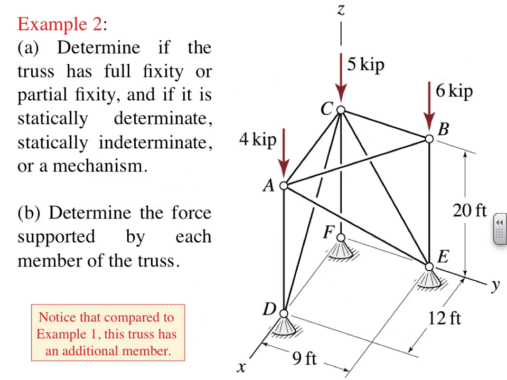Here we have a truss almost identical to that in example 1, except that an additional diagonal member CD has been added to the truss. Using our rule of thumb, we now have m plus r equals 18, matching 3j equals 18, which suggests static determinacy. We can also see how the addition of CD eliminates the rigid body motion we saw in our earlier movie.